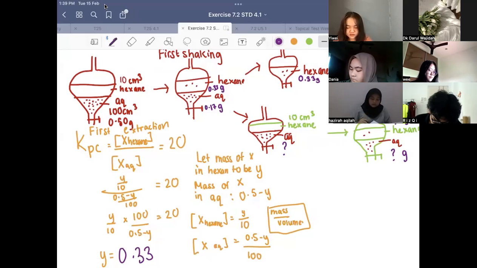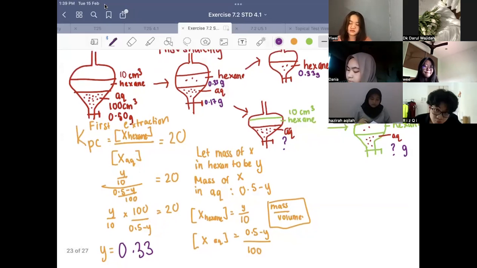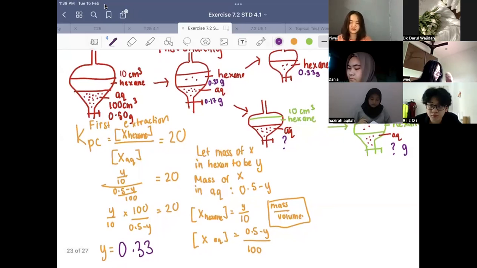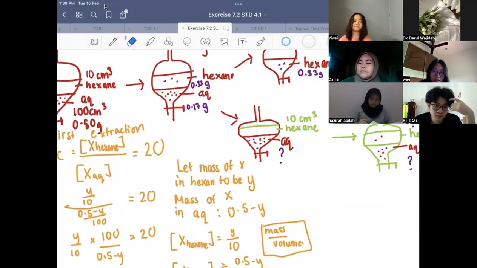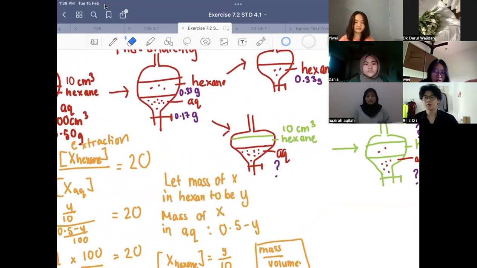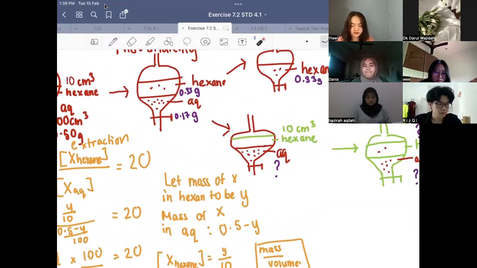Okay. So, after the first washing, it was then separated. We're going to use the same aqueous layer. That means in that aqueous layer, I have 0.17 grams of X, right?